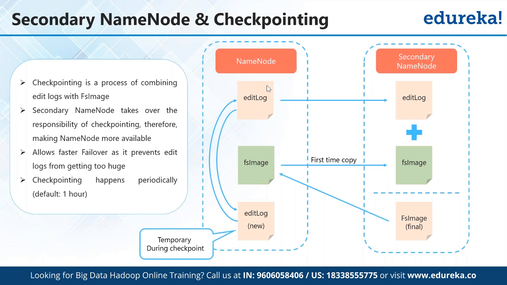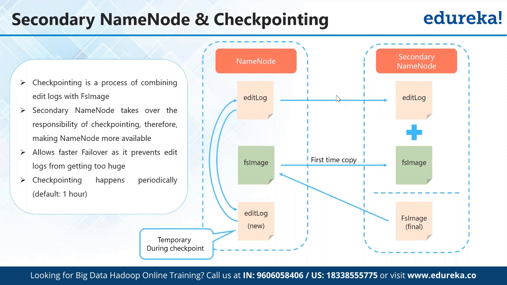Every hour by default it will keep taking FS image and edit log from name node. Name node does its own job because it has to do a lot of other jobs like keeping tab on the cluster data nodes, but merging FS image and edit log together, secondary name node does it periodically every hour by default and puts the latest FS image back, like you see in the arrow.